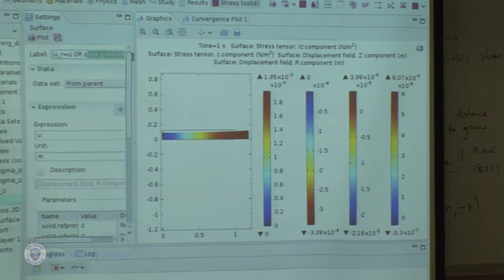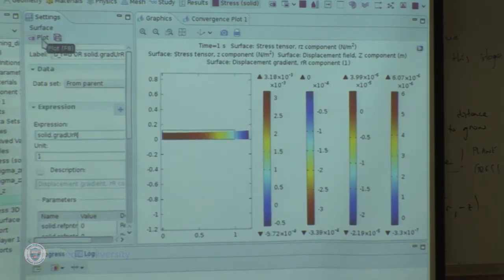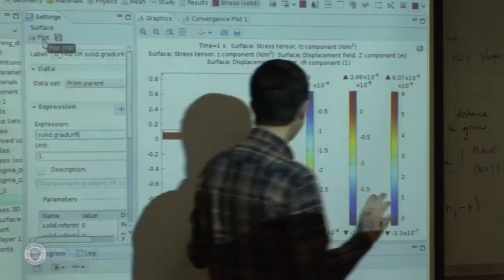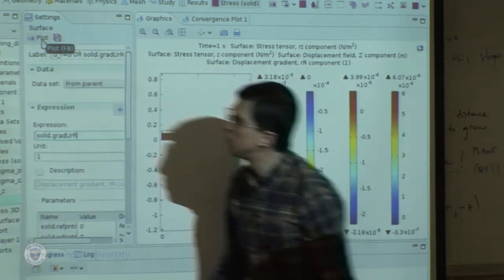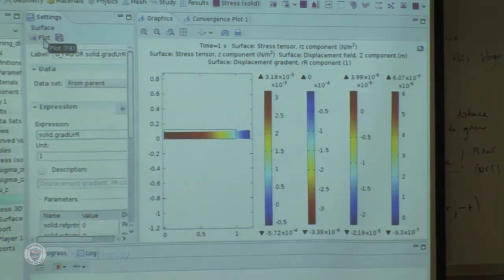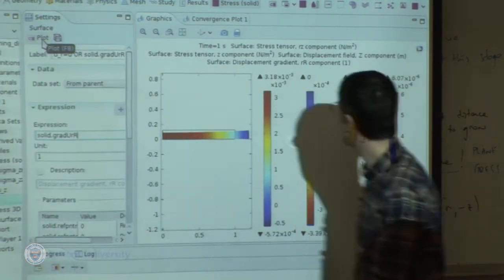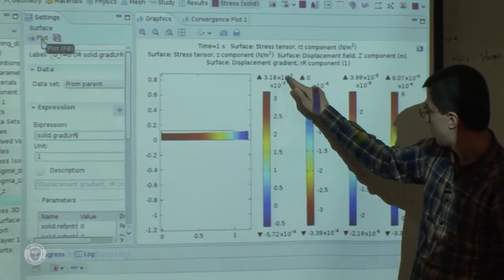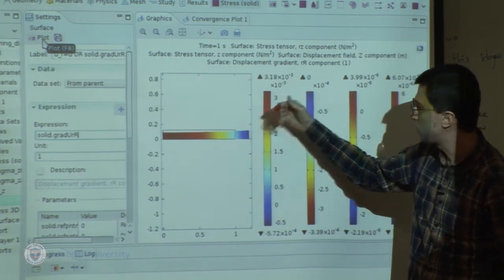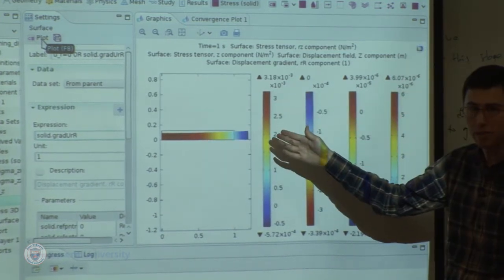So first, I am plotting the derivative of UR with respect to R, just to get an order of magnitude. So this is that term, del UR over del R. And it's of the order of 10 to the minus 3 max, right? There is certainly a radial dependence.